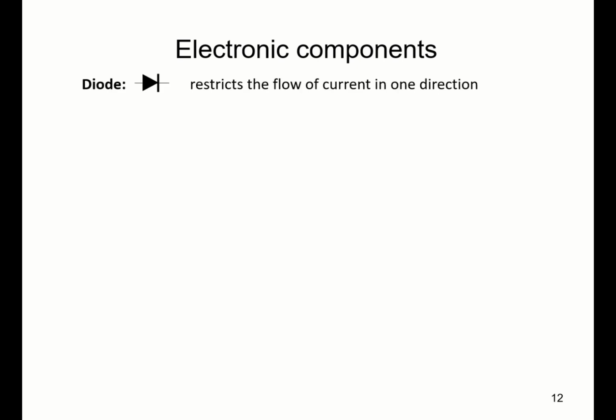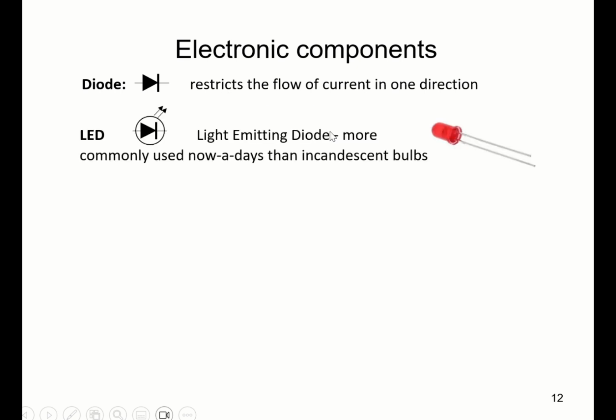Electronic components: a diode, the arrow shows the direction in which the current flows. It restricts it to flowing only in one direction. A light-emitting diode is the same symbol with a circle around it and arrows showing that it's emitting light.